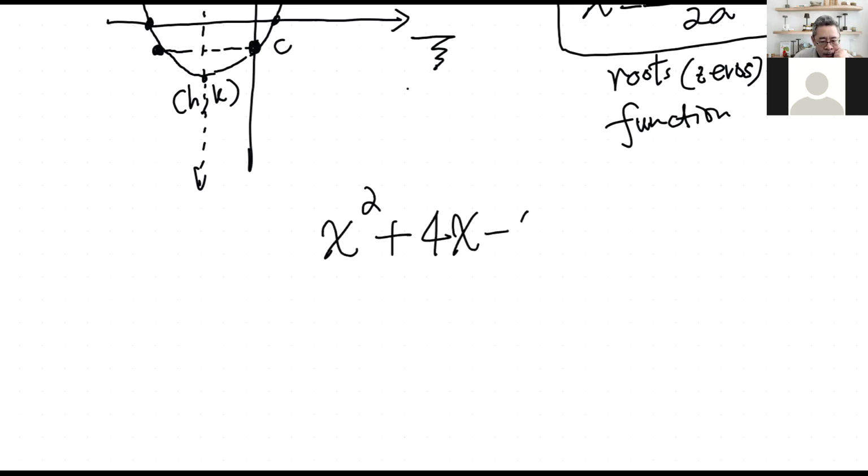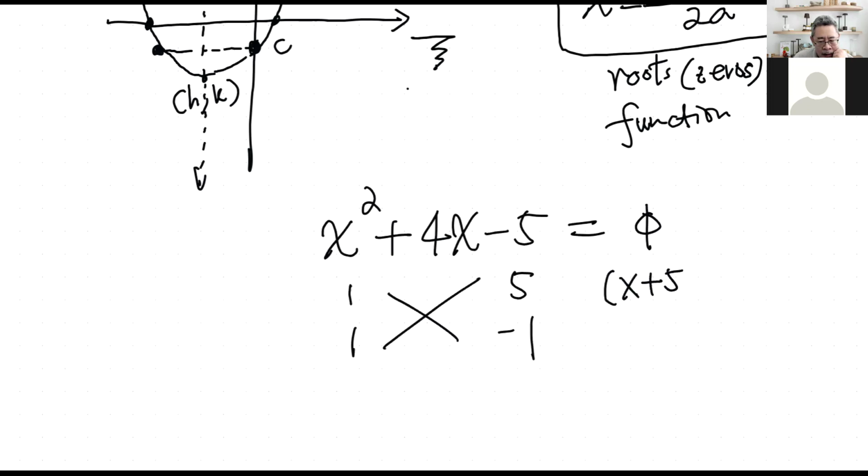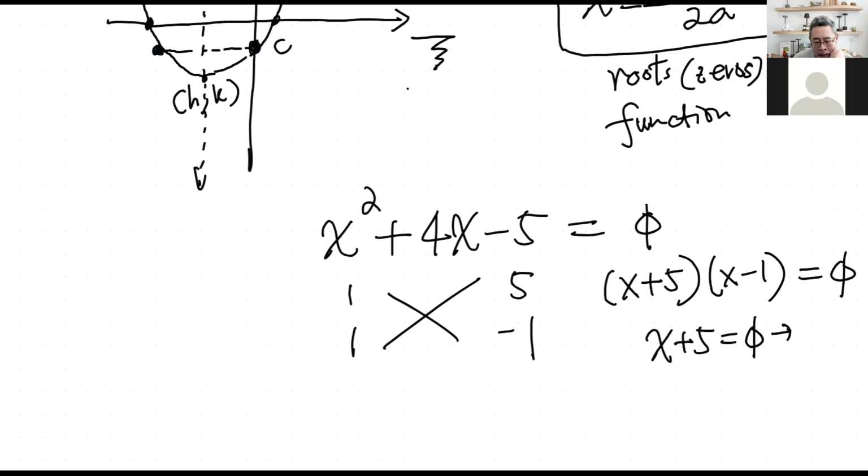Then we write down 5 and -1, and 1 and 1, then cross multiply. We get x plus 5 and x minus 1 equal to 0. Then x plus 5 equals 0 gives us x equals -5, and x minus 1 equals 0 gives us x equals 1.